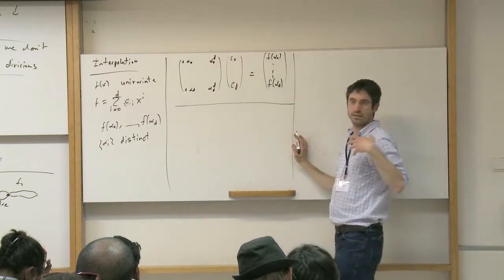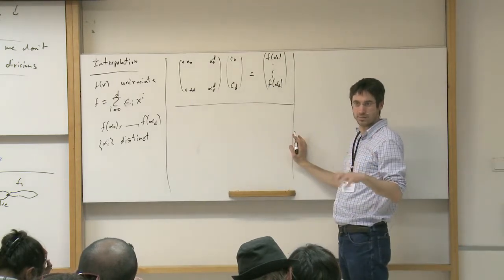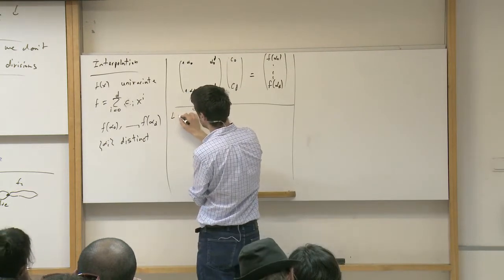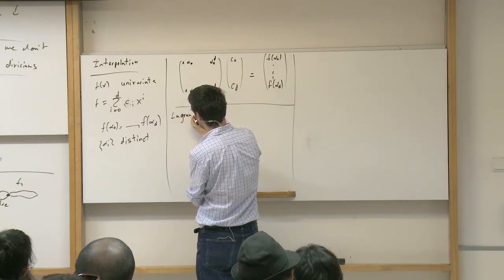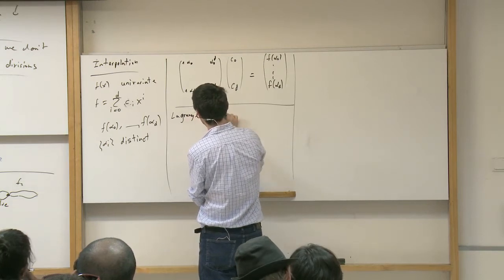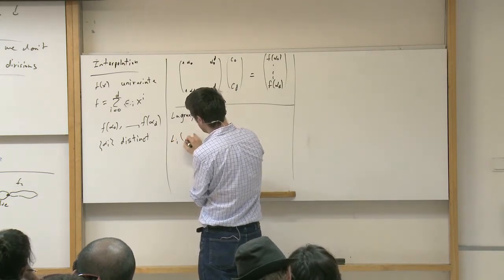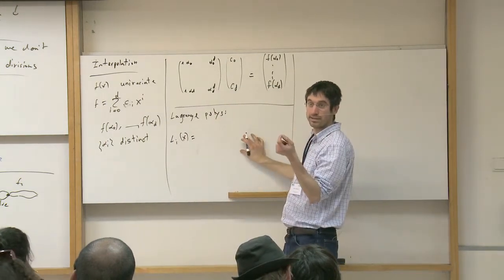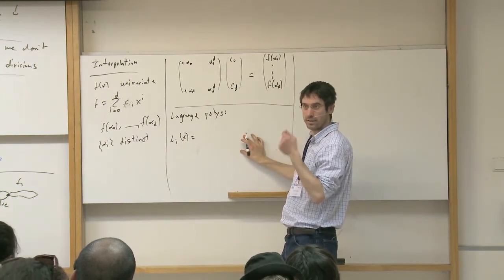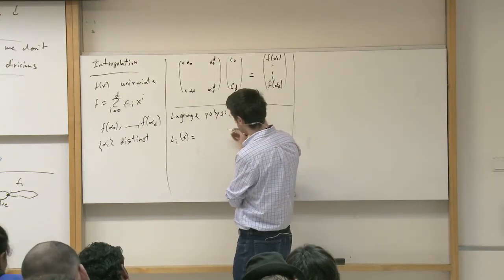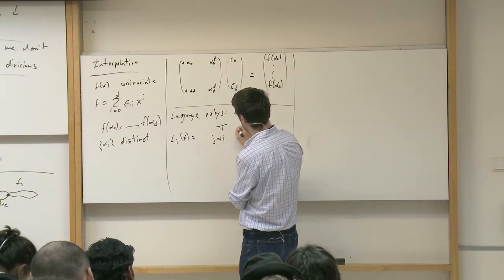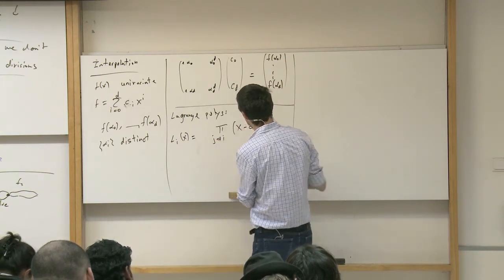Another way is writing it, I don't know if it's more explicit or less explicit, it's up to you, using the Lagrange polynomials. We can define the ith polynomial L_i of x to be a polynomial that gets 1 at alpha_i and 0 at all the other points. So it's going to be the product over j different from i of x minus alpha_j.